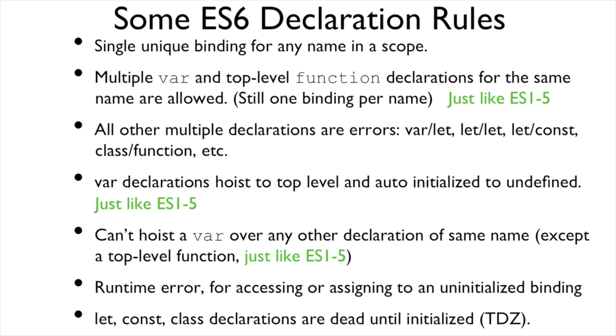So in any scope, every name has a unique binding. Basically, with var and let declarations at the top level, you can have both a var and a function declaration, and they define the same variable, and you have to do that because that's how ES1 through 5 worked.